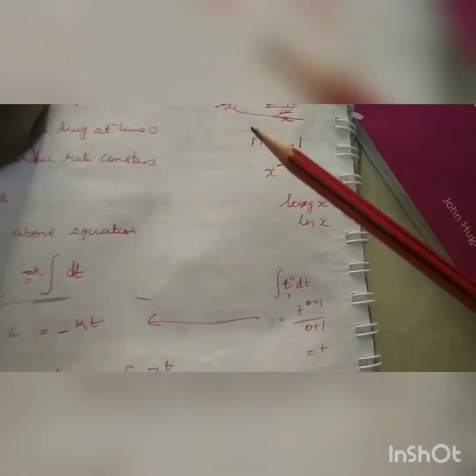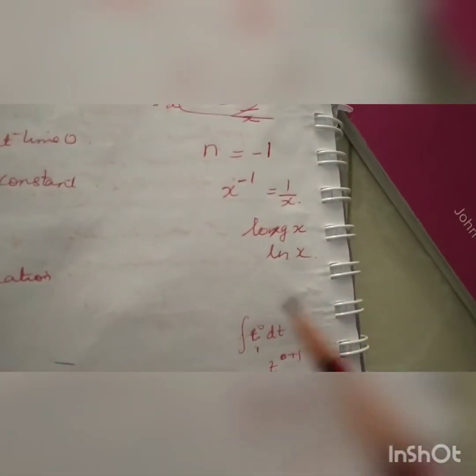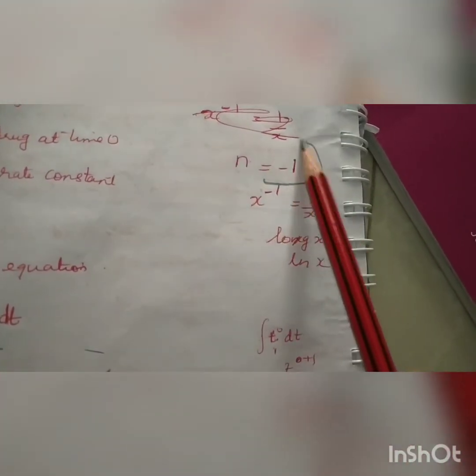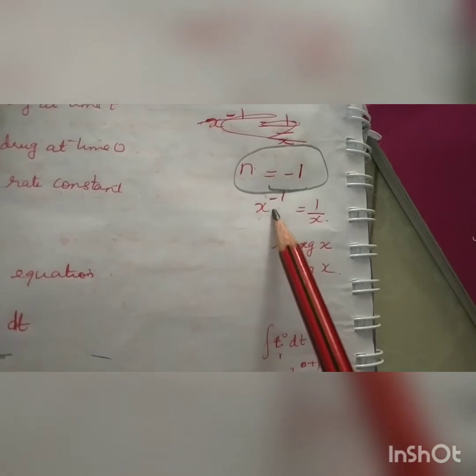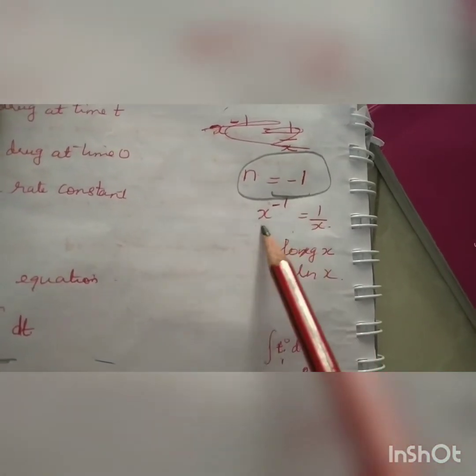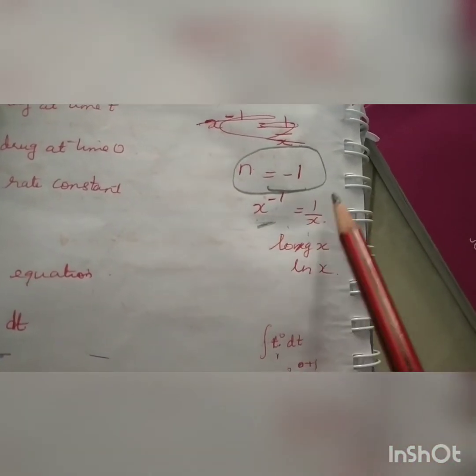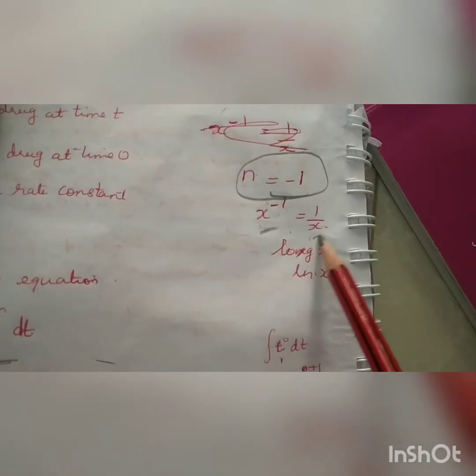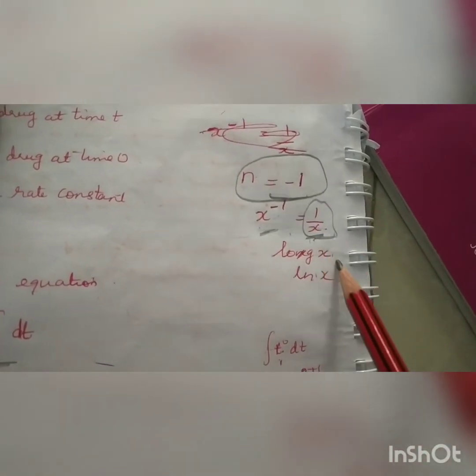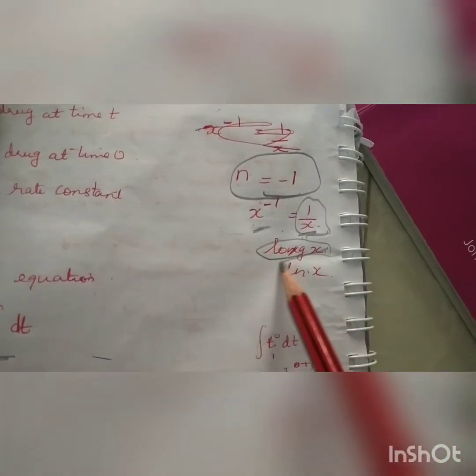Fine. Now according to this integration rule, if we substitute the n with minus 1, that is x to the power minus 1, it also can be written as 1 by x, and its integral can be written as log x or ln x.